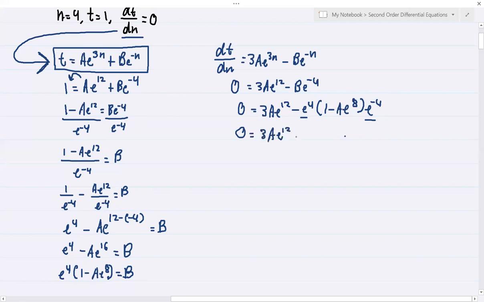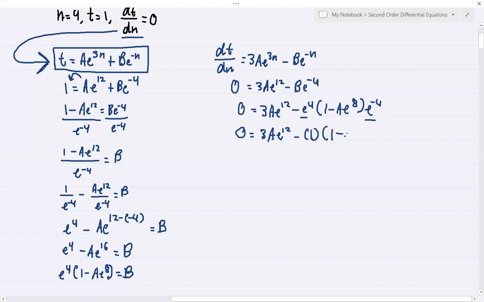We will have minus e raised to 4 minus 4. You're going to add their exponents. So 4 minus 4 is obviously 0, and anything raised to 0 is equal to 1. So since we have e raised to 0, we will have 1.